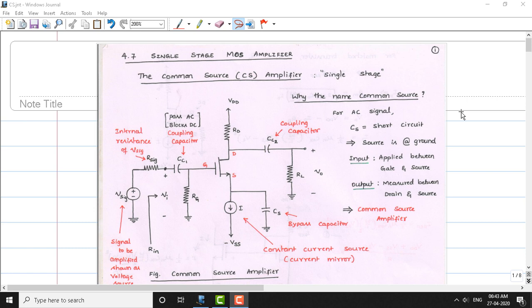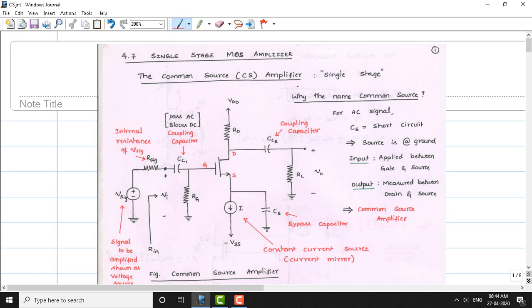Various parameters that are required to characterize amplifiers were discussed in the last class. Then we discussed the common source amplifier without any biasing elements. In today's class, we are going to discuss the common source amplifier again, with all the biasing elements.